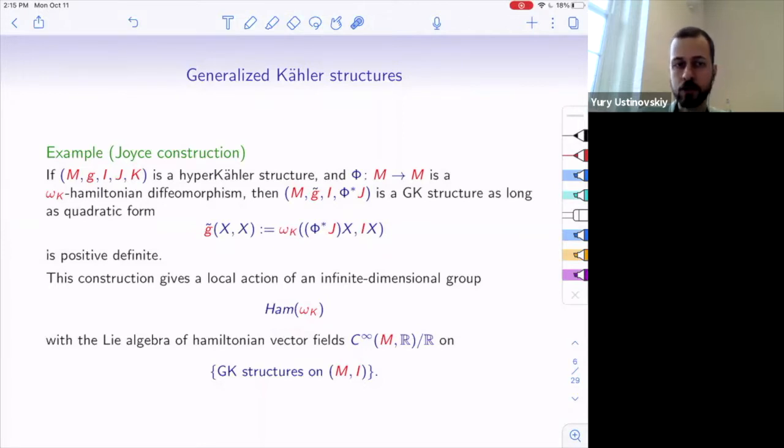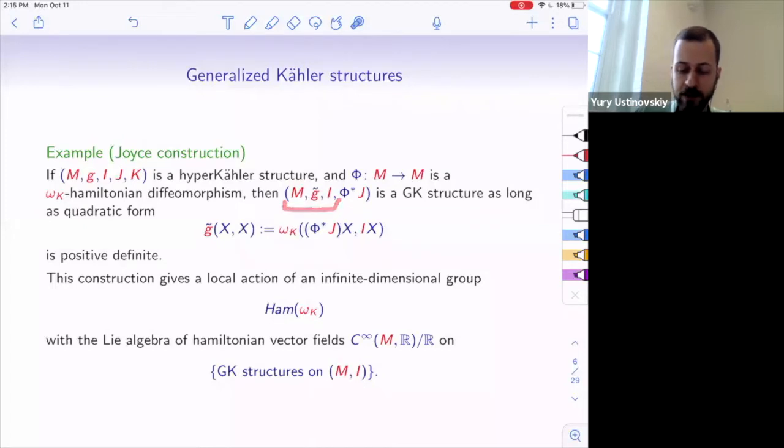This is an infinite dimensional group with a Lie algebra modeled on smooth functions modulo constants. This group acts on the set of all generalized Kähler structures on your manifold M, and it actually preserves I. That's why I put I here in this set: generalized Kähler structures extending the prescribed complex structure I. So it's a new example.